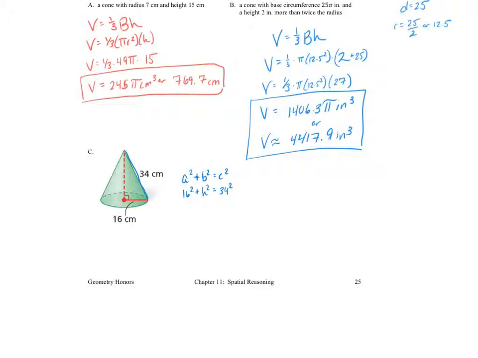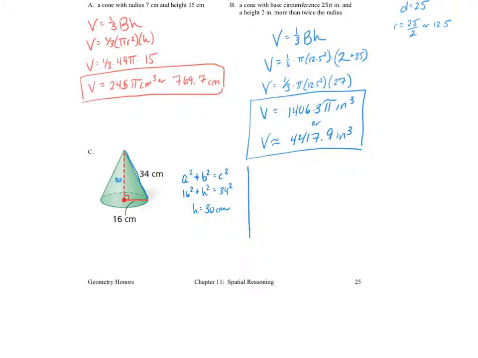So the height is equal to 30 centimeters if you calculate that. Let me double check. Yep, I got 900 when I subtracted that, and so the square root is 30. So h is 30. Now I can go ahead and go through my problem.